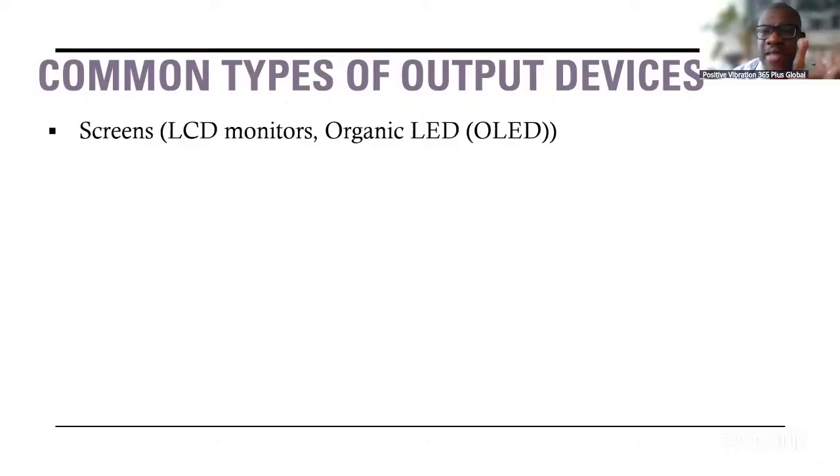Cool. So there are different types of output devices. I want to point out a couple of them here, but we will point out some later on. So there are screens, whether they're on your phone, on your calculator, or at the ATM machine where you can see how much money prints out on your screen.